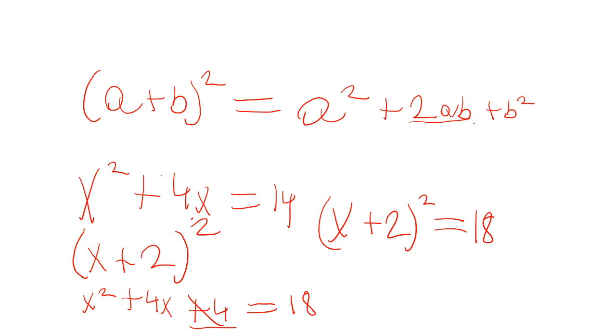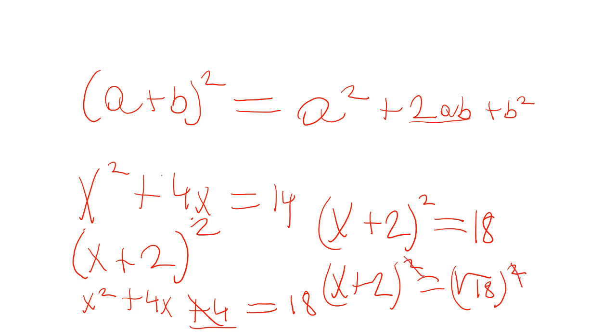Now, 18 can be written as the square root of 18 squared, and squaring a square root gets rid of the radical, so we just have 18. This is essentially the same thing. If we want to solve this, we just get rid of the squares, and then we have x plus 2 equals root 18.